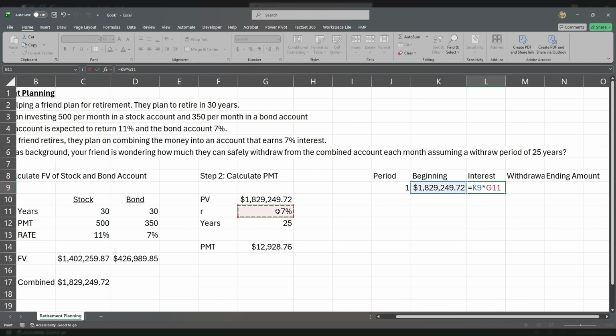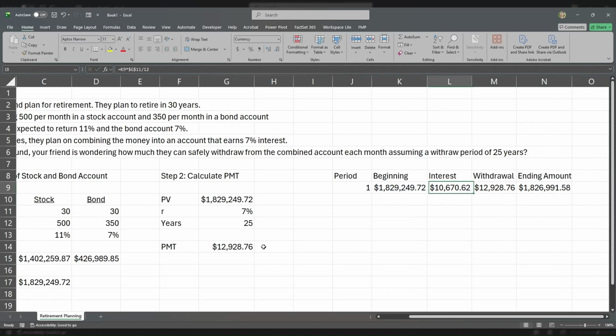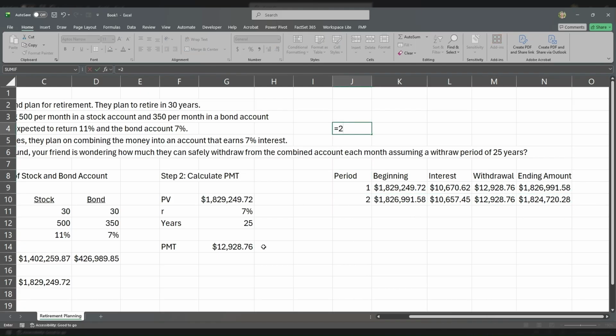Times that divided by 12. We're going to withdraw this, and that minus that plus that. How far do I need to go? Plus 25 times 12, 300.